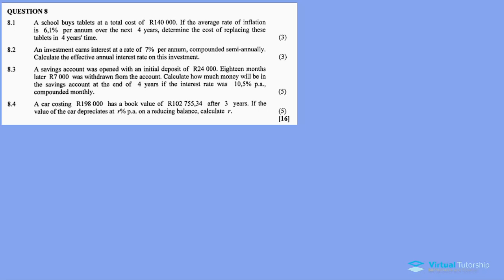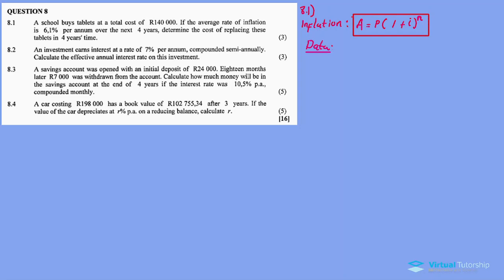Maybe that maize meal is 10 kg, right? The same amount of maize you buy for 89 rand today, in 3 years' time you will buy at a much higher value, because things increase in value over time because of inflation, and inflation is calculated using the formula for compound interest, right?